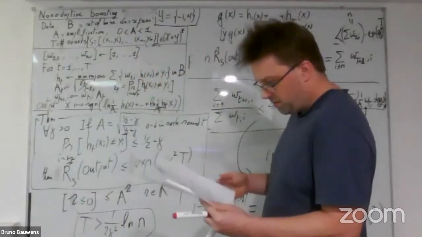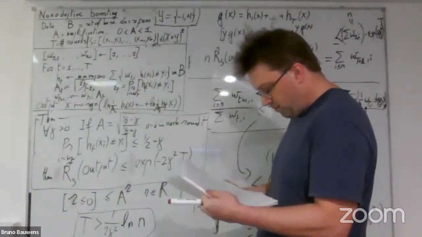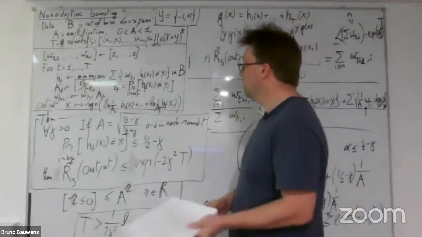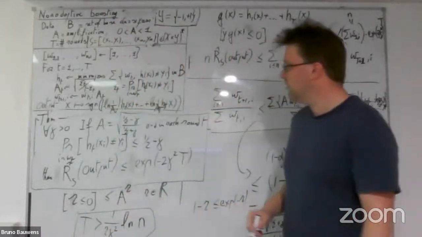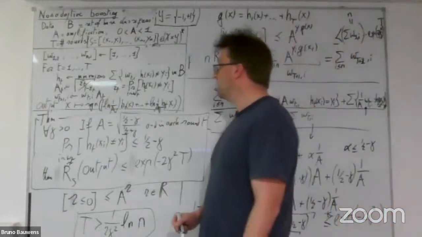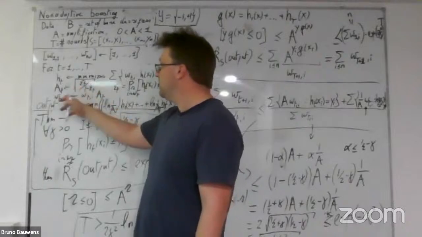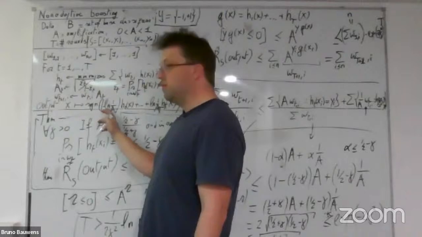Let me check that I'm not lying to you. So your ln is like this, right? So again, if epsilon is very small, it means that A is very small, and it means that the coefficient becomes very large.